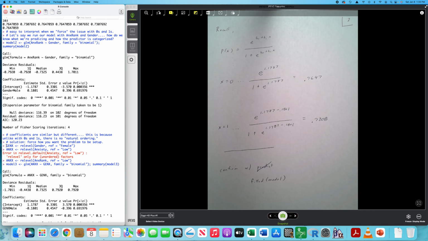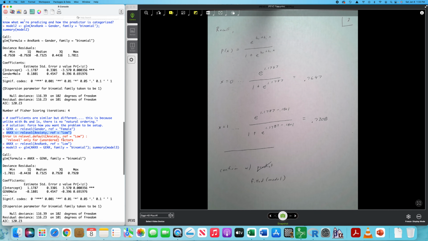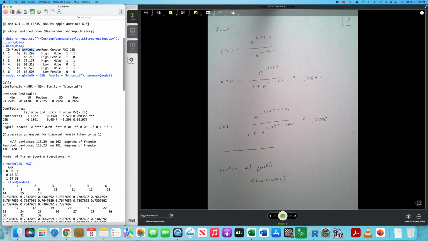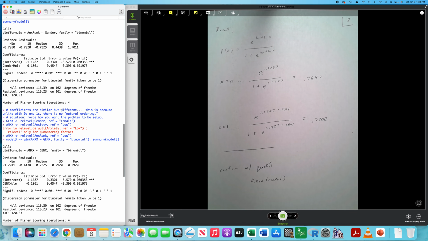So this command right here is telling me that for gender, I want female coded as 0. This is telling me that I want anxiety of low being coded as 0. Now you can tell I got a little sloppy here because anxiety is quantitative. I needed anxiety rank or ANX rank. So I corrected that right here.